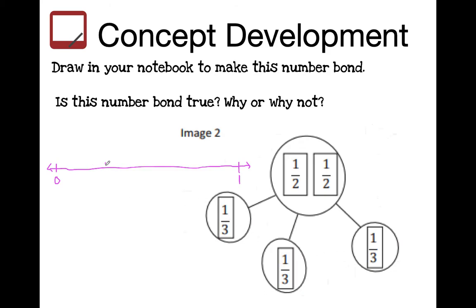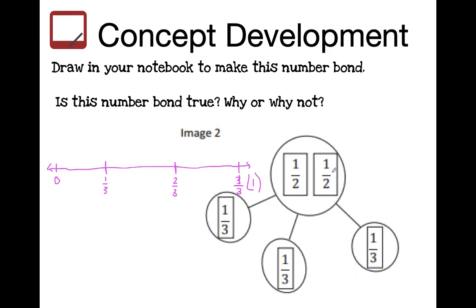So I'm going to break it into thirds. Okay. So I have 1/3, 2/3, and then as a whole, I have 3/3. Okay, that's one whole. So we're going to put in parentheses that this also means one whole.